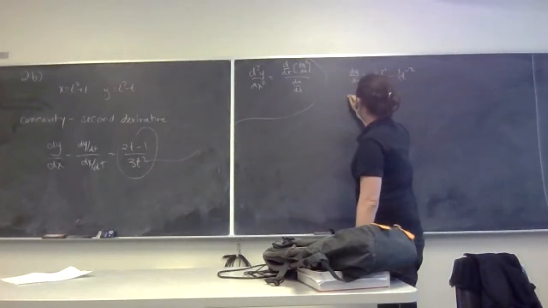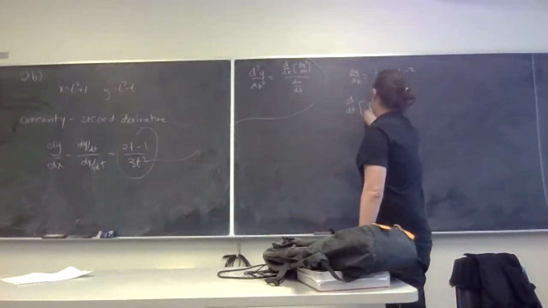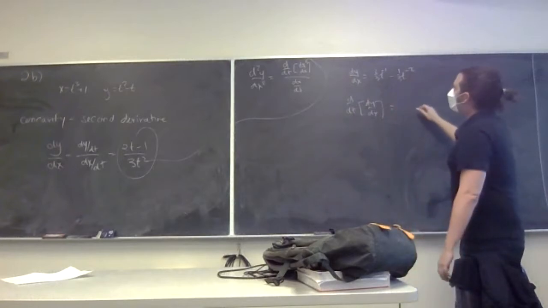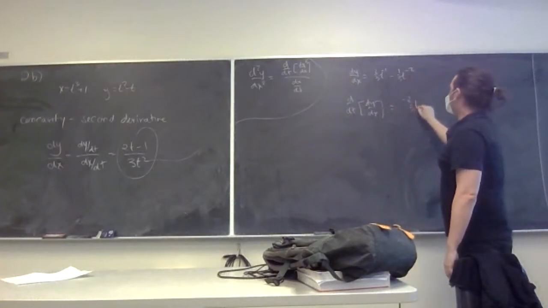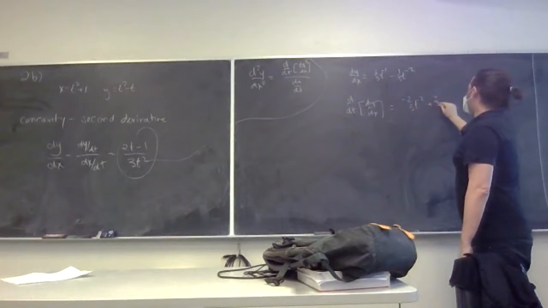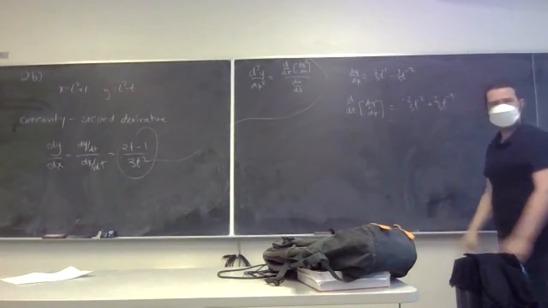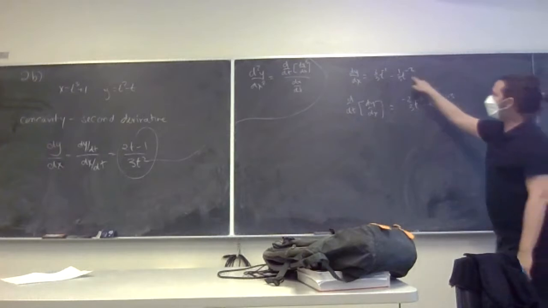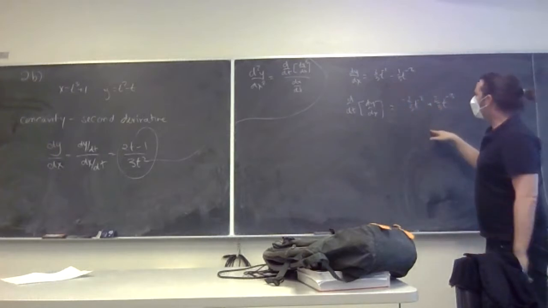Okay, so the t derivative of this, d/dt of dy/dx, is equal to minus 2/3 t to the minus 2 plus 2/3 t to the minus 3. Negative 2 comes down, hits that negative 1/3, turns into a positive 2.